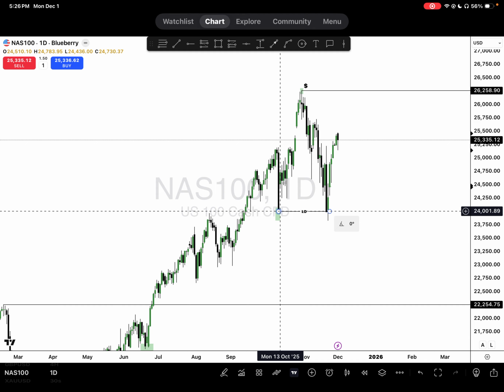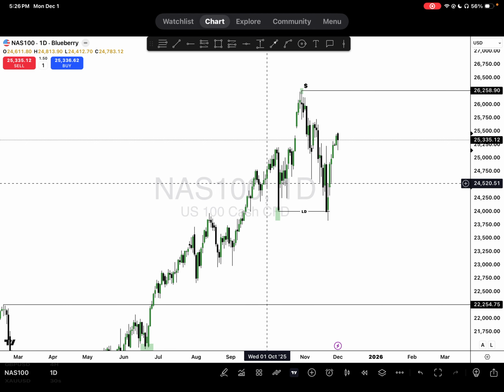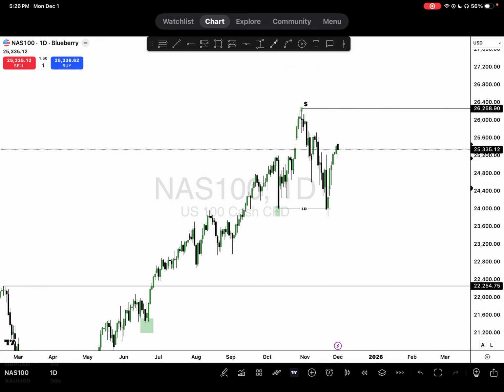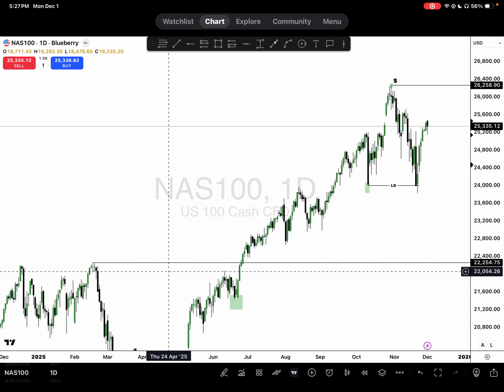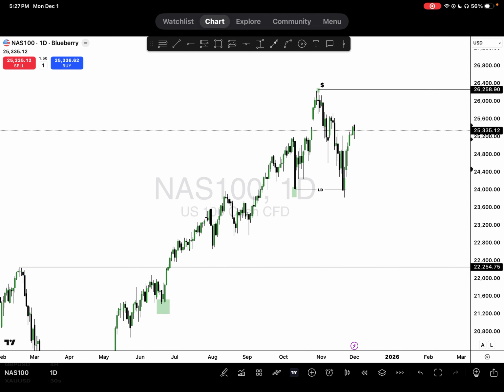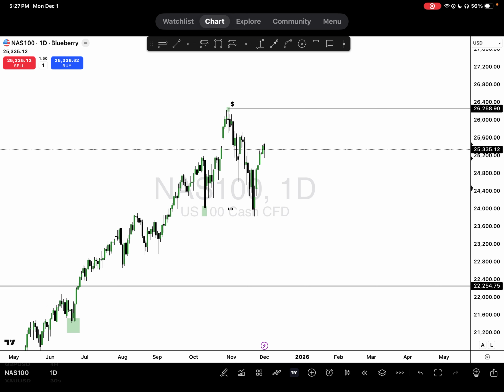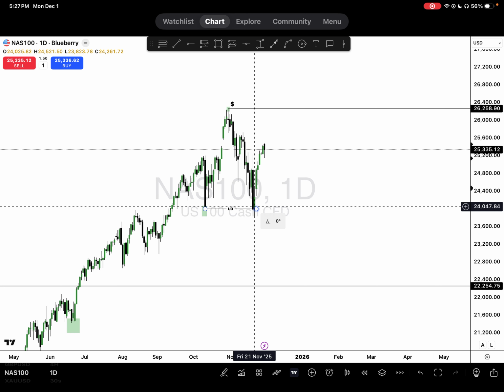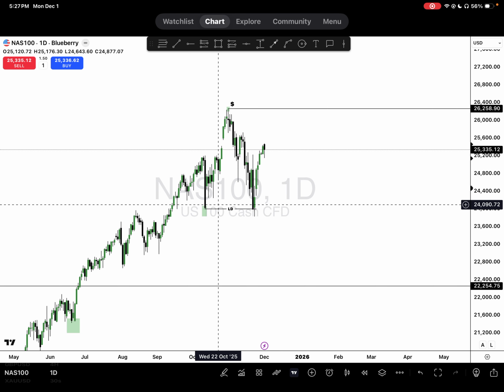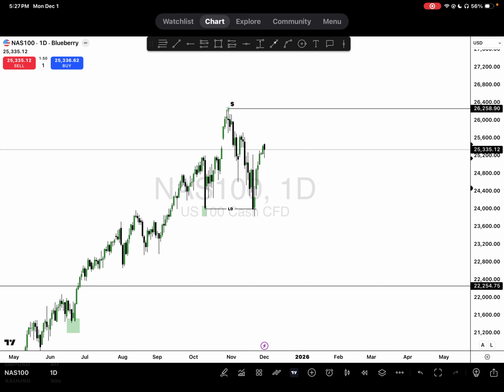If this action here had been a break of structure, then we would have solidified the bullish range existing from this low that caused the break of this high here, and then that would exist from this low to the liquidity point here of this high, and then we would be in a bullish range. But because the action that occurred here was a liquidity draw, essentially no AI bubble burst has happened yet, or whatever.